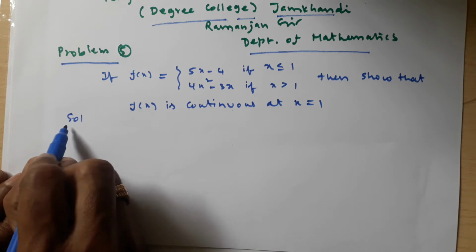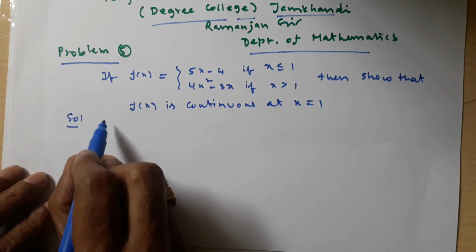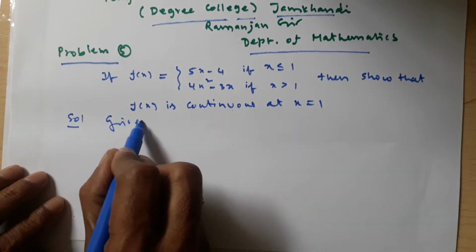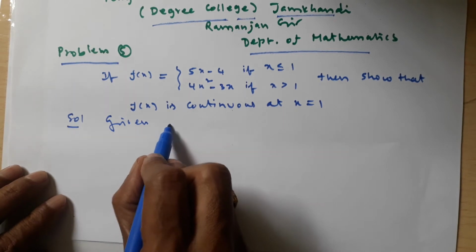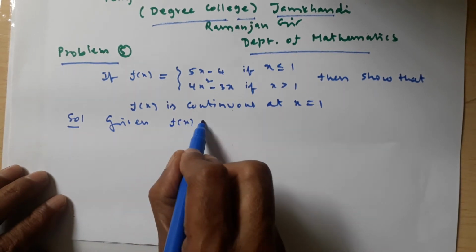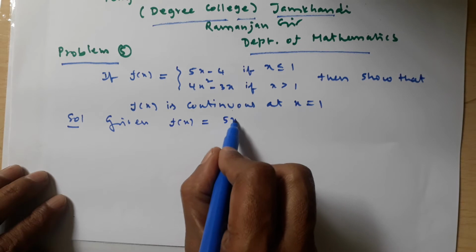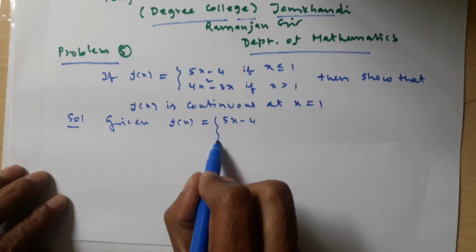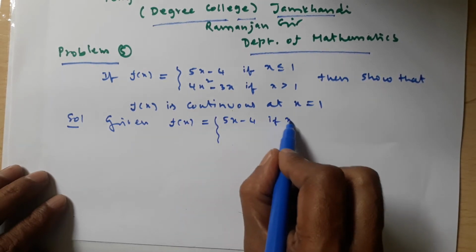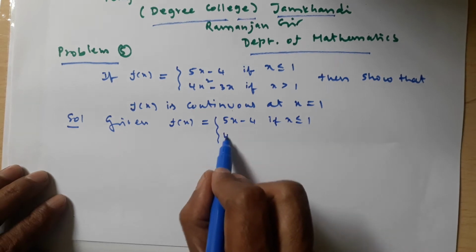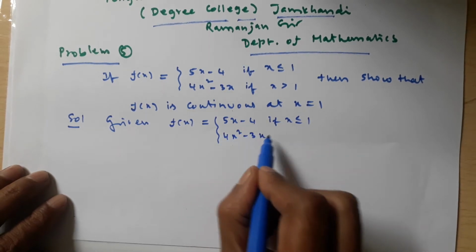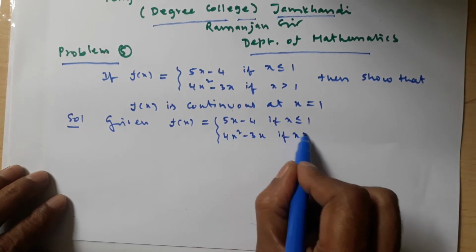Solution: given f of x is equal to 5x minus 4 if x is less than or equal to 1, and 4x squared minus 3x if x is greater than 1.